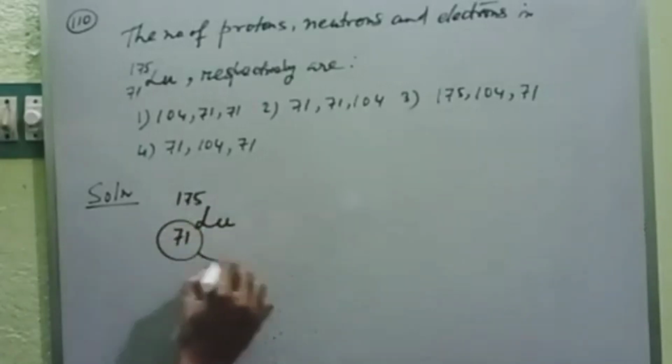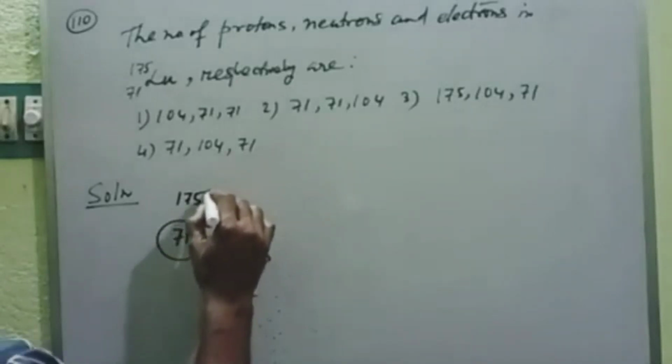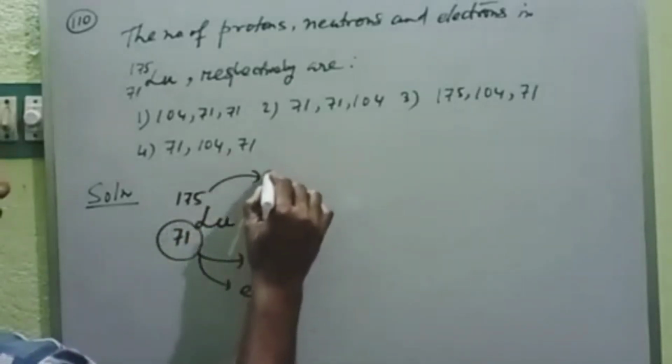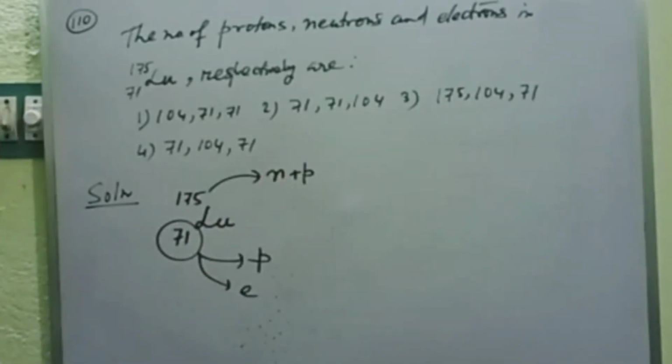This denotes the number of proton and number of electron, and this denotes neutron plus proton. There is mass number and the atomic number.